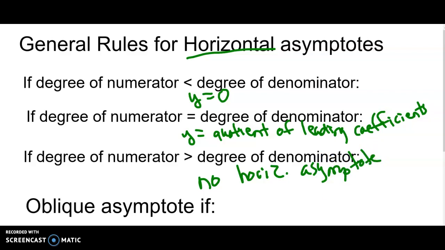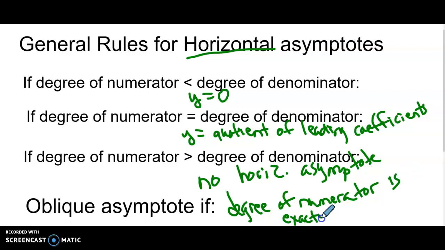Okay? There's actually an oblique or a slant asymptote if the degree of the numerator is exactly 1 more than the degree of the denominator.